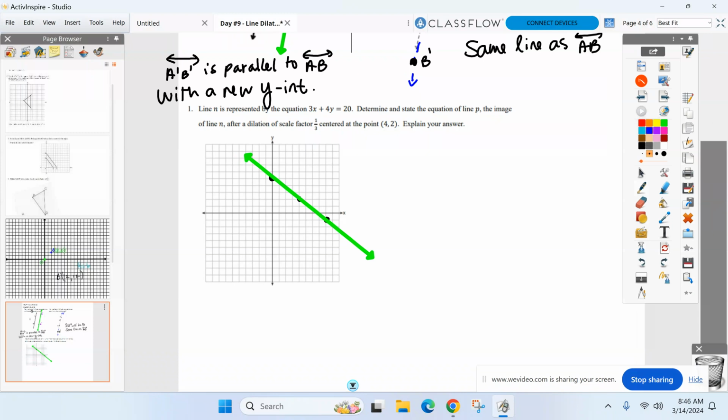I'll make sure everyone's got a graph before we move on.